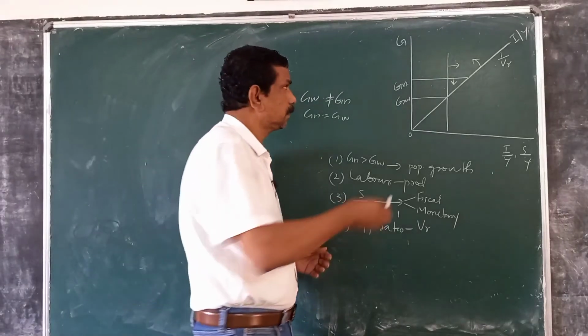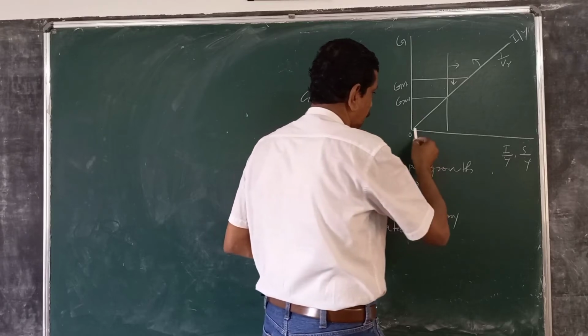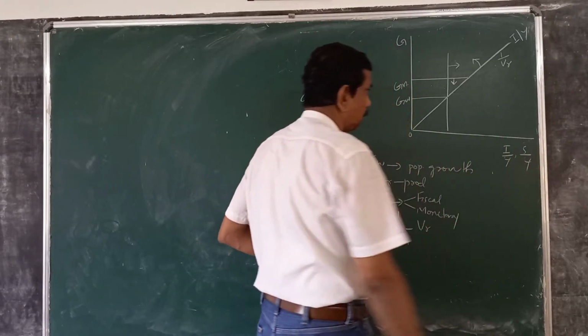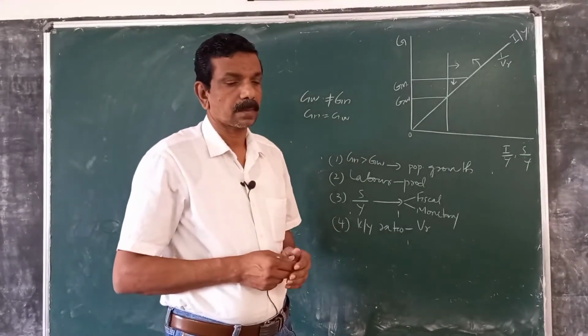In this graph, rate of growth is taken on the y-axis, and investment income or saving income ratio is given on the x-axis.